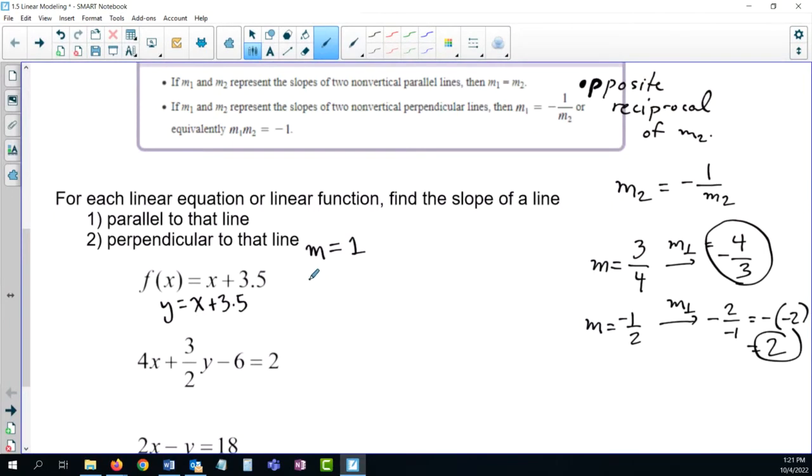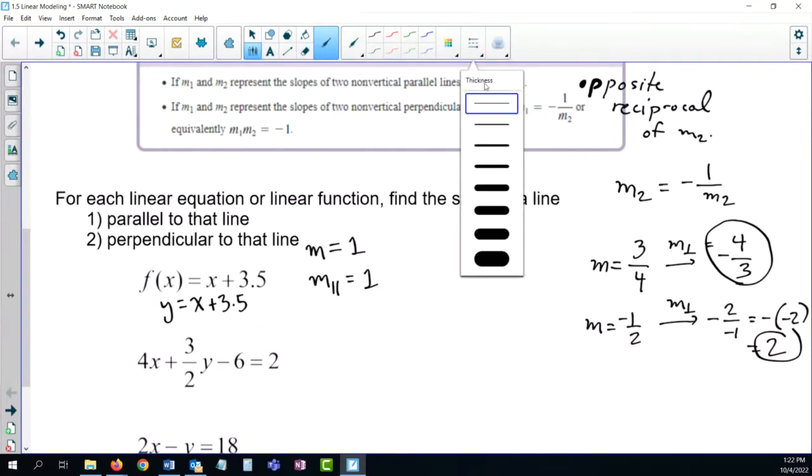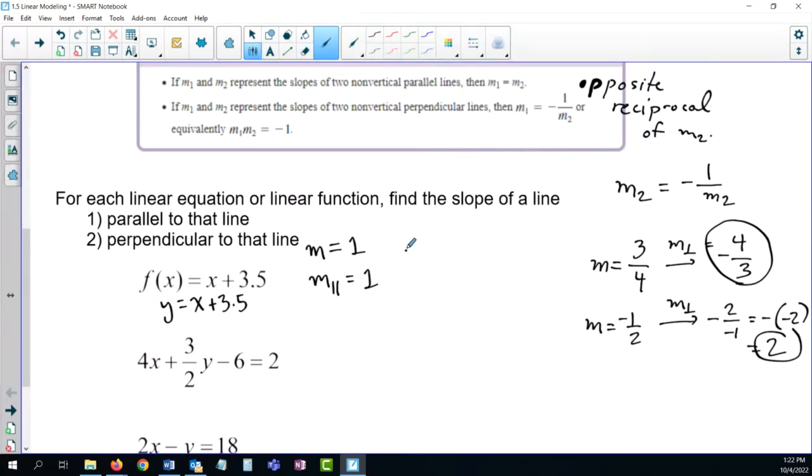The slope for a parallel line is going to be the same, and the slope for a perpendicular line is going to be the opposite reciprocal. Trouble is the value of this is 1. 1 over 1, when I find the reciprocal, it's the exact same thing, so it doesn't really do me any good.